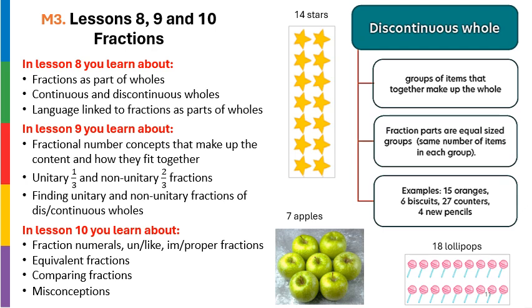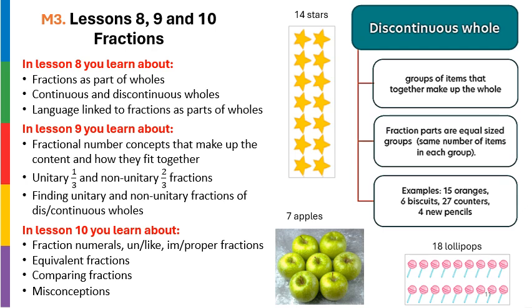Discontinuous wholes are different because a discontinuous whole is a group of items that together make up the whole. Fraction parts are equal-sized groups. The same number of items will be in each group.